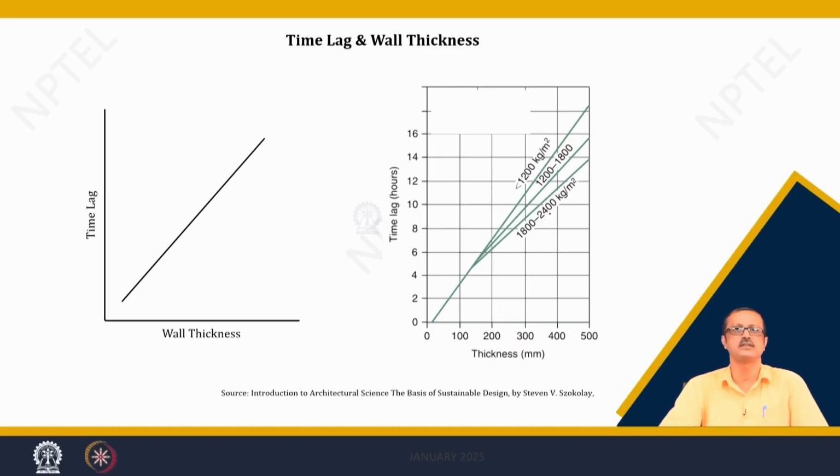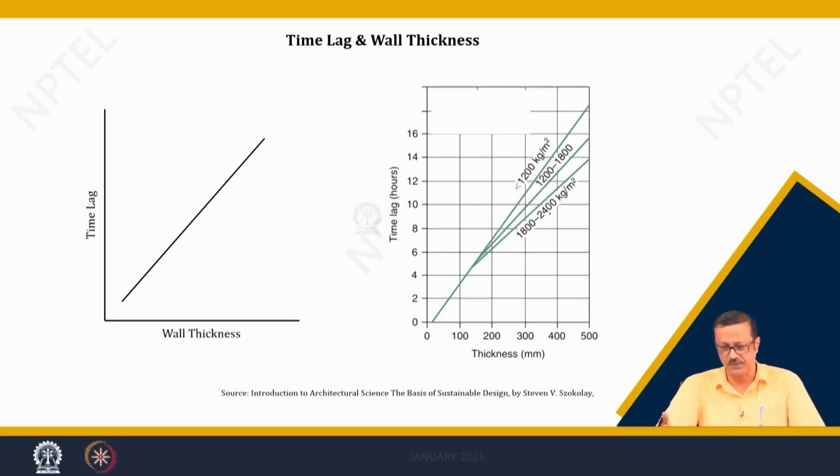Our traditional buildings are much of that nature, probably because we go for load bearing kind of structure. So, on the ground floor and first floor, the wall sizes are high, and that will give you a high time lag.